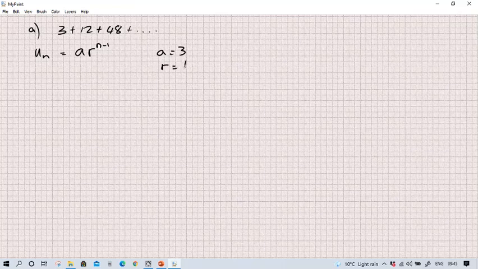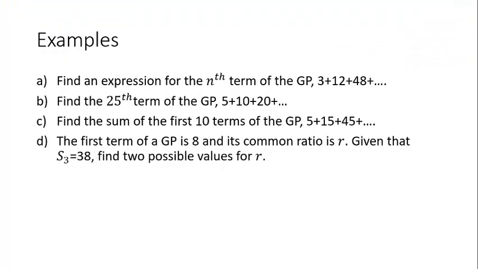Just to check r, 48 divided by 12 also equals 4. So we'd simply say un equals 3 times 4 raised to the power of n minus 1. That's good enough to give us an expression which will help us calculate any term when we have a known value of n.